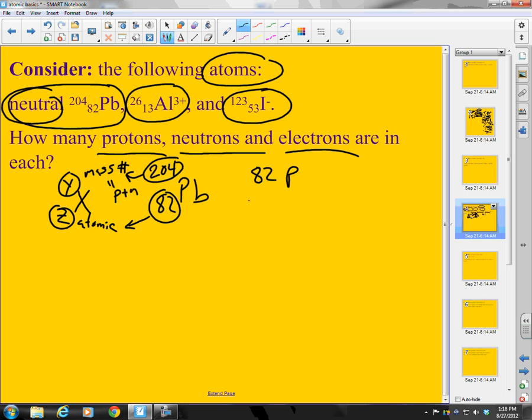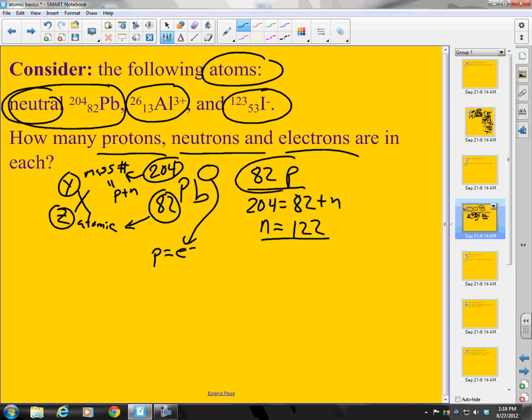So 204 equals 82 plus the number of neutrons. Solving for N, I get 122. Yeah, that looks like a winner. So I have 122 neutrons, 82 protons, and it is a neutral atom, no charge here. If it's neutral, I have the same number of protons as electrons. If I have 82 protons, I have 82 electrons.